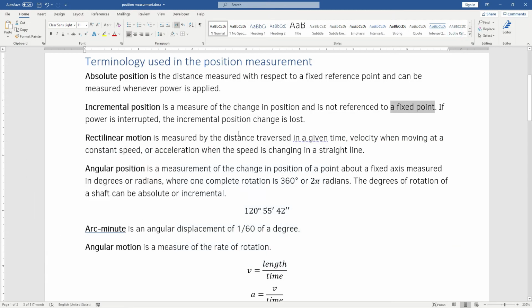Return back here. Rectilinear motion. It is linear, but when I say rectilinear, that means it's a straight motion. Linear motion is also linear motion, but it's not necessarily straight. It's possible to be curved, to move in a curved way, not in a straight line.